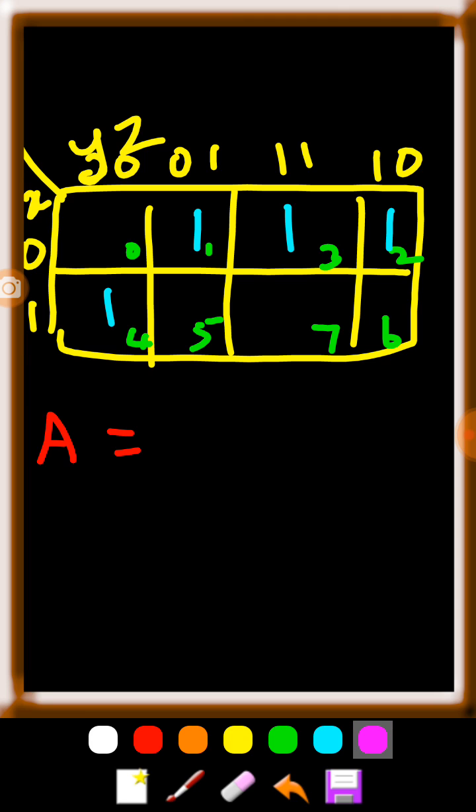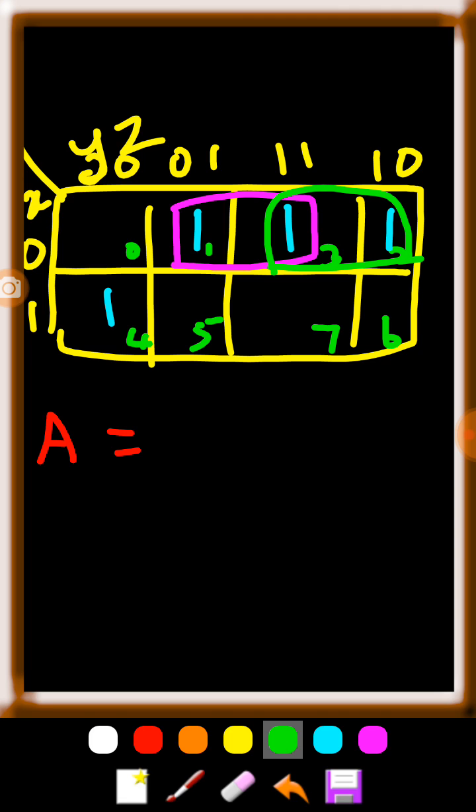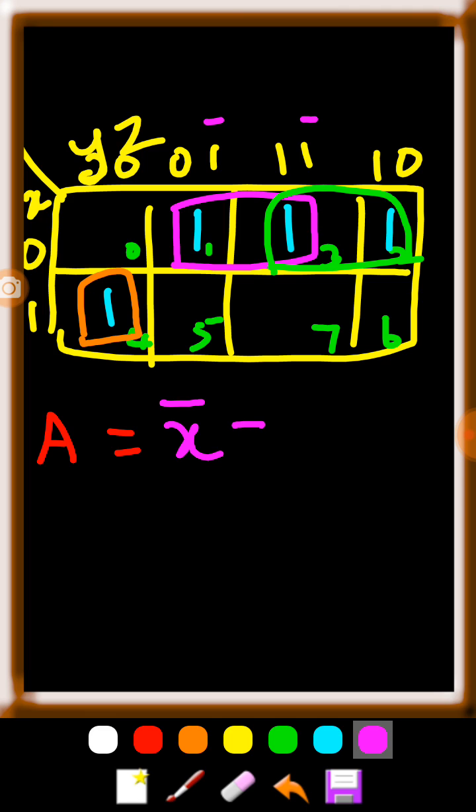So this is one group and this is another group, and this one cannot be grouped with any other ones, so it is grouped separately. So for the first block we get an expression x bar, and it is expanded row wise to get this x bar, and when it is expanded column wise, the non-changing variable is z, and the value of the variable is z.